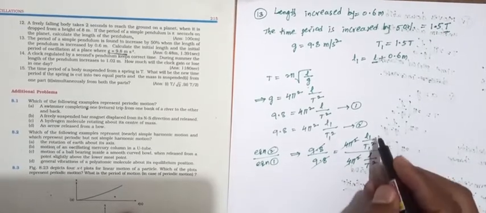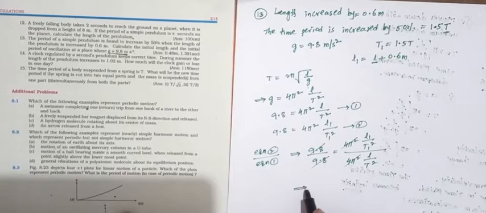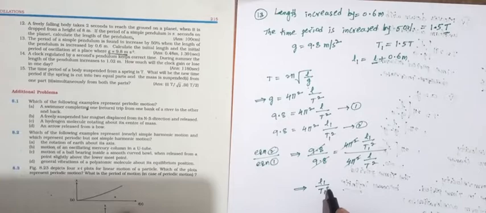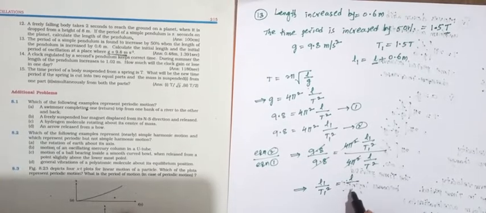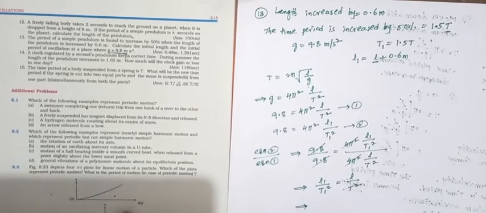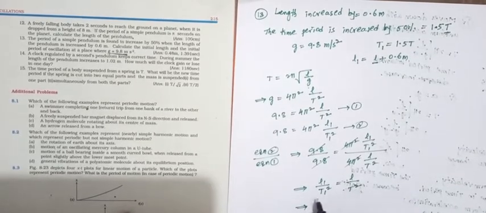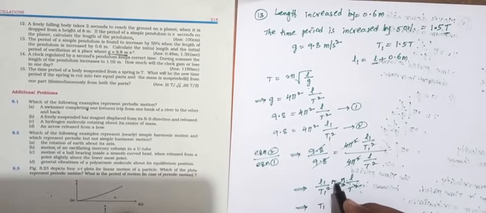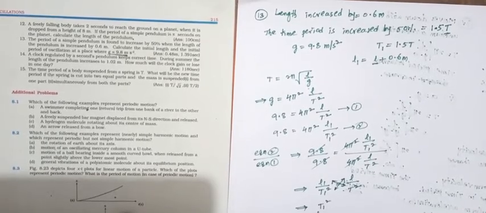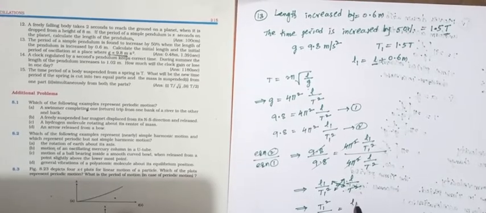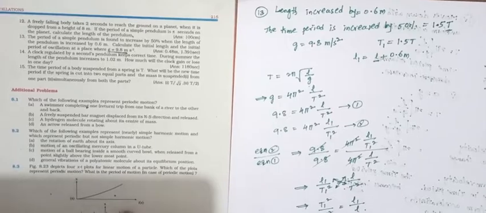Then we take cross multiplication: L1 by T1 square equals L by T square. From this equation, again by cross multiplication, T1 square by T square equals L1 by L.